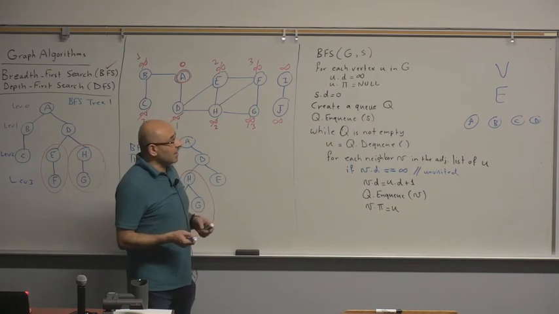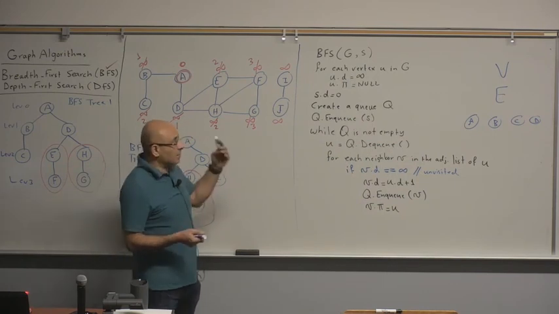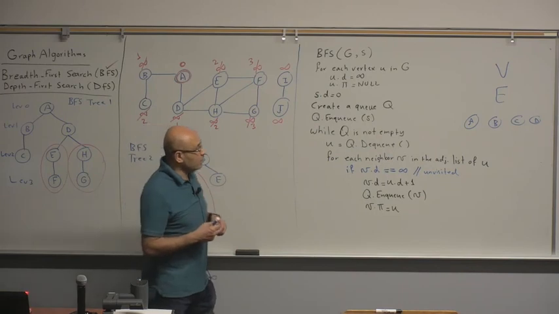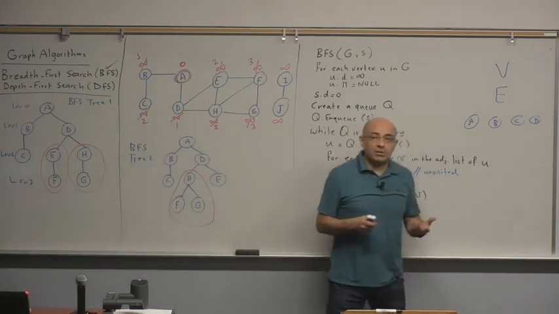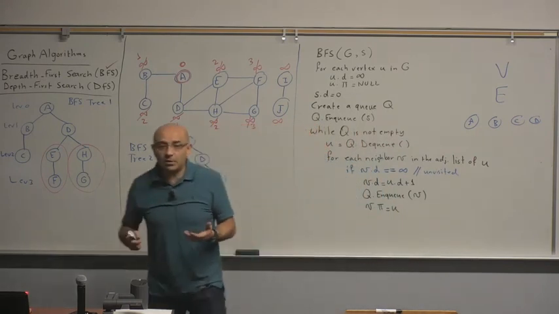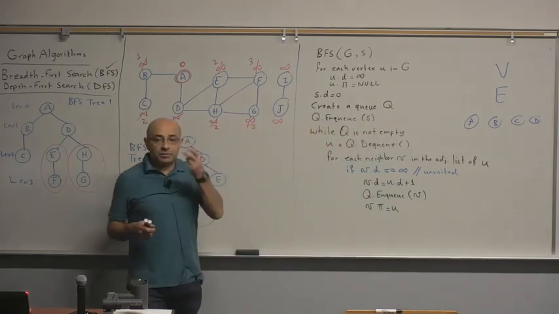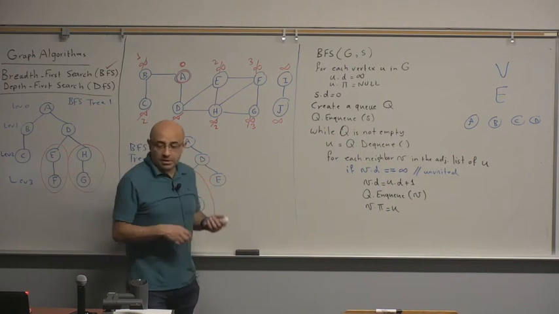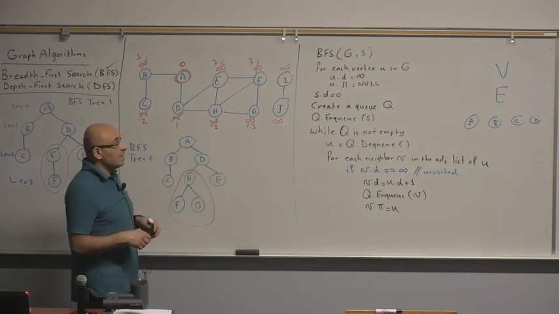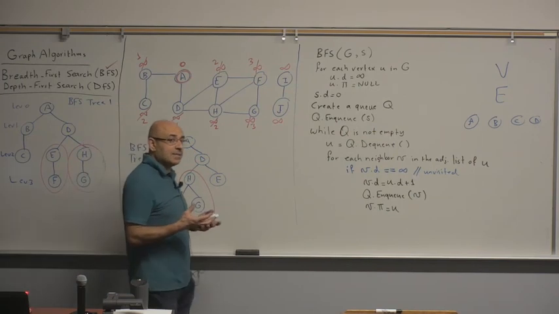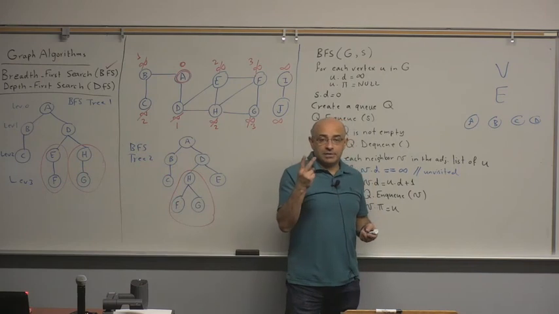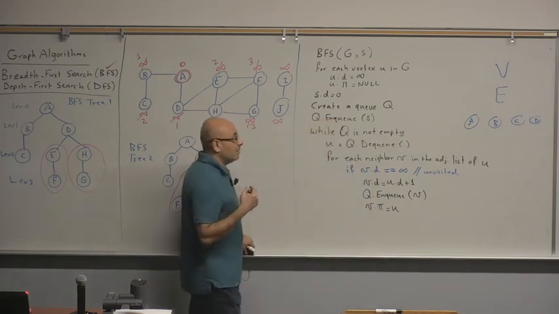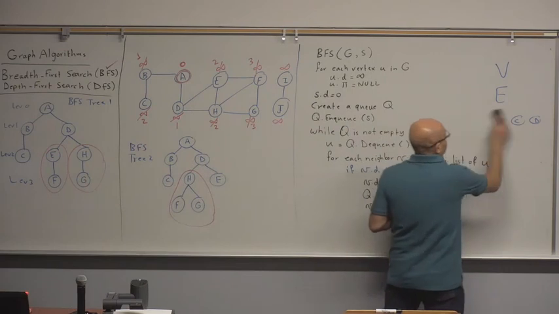So the number of edges has nothing to do with the number of vertices. They are two independent variables. That's why when we analyze a graph algorithm, we express the asymptotic complexity in terms of V and E, because they represent the input size. For graphs, the input size is not a single number. It's two numbers, the number of vertices and the number of edges.